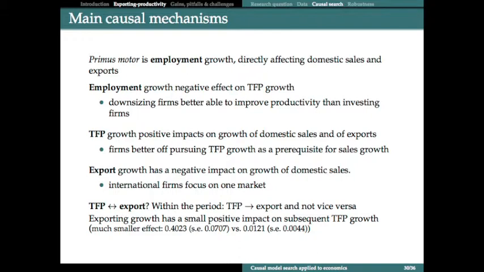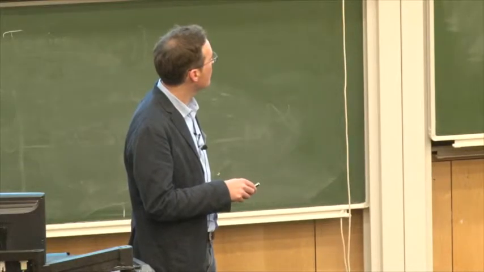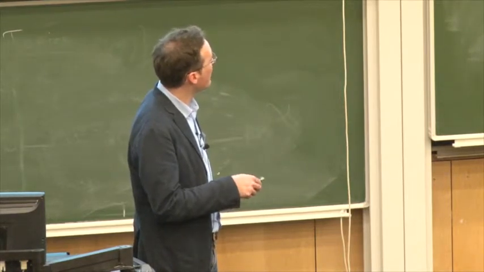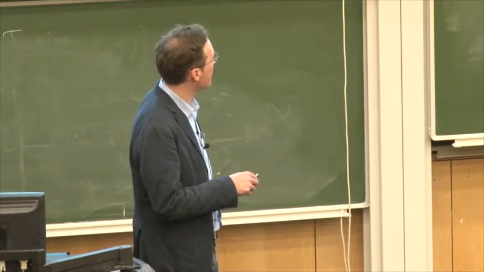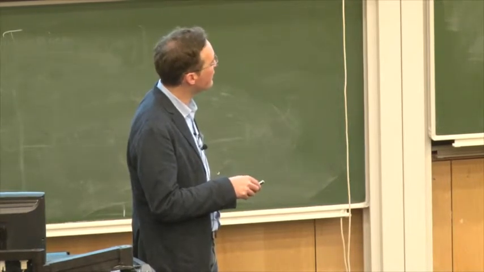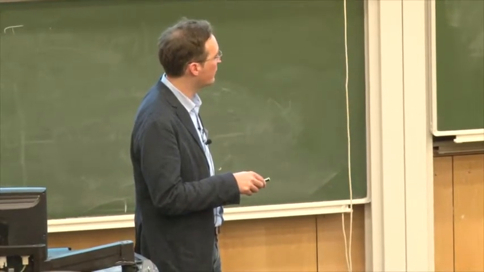The total factor productivity growth has a positive impact on growth of domestic sales and export. So it's not the other way around within the period. So within the period we have this, but on the other periods, if we consider lagged effect, export growth has a positive impact on total factor productivity growth.